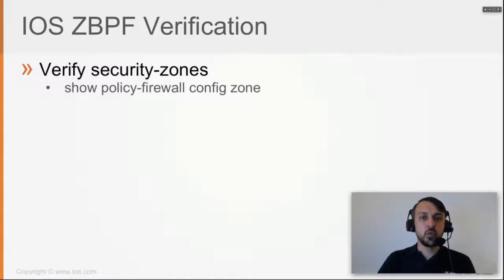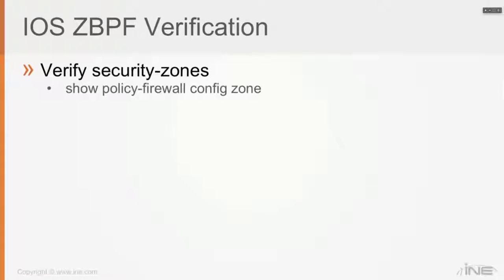So the old commands were a bit different. It was something like show zone security, show zone something. You should no longer use those commands because first of all, they're probably obsolete, and second of all, you cannot see everything with the show zone commands that you can see with the show policy-firewall commands. Some things will not be available for you to verify using the show zone commands.